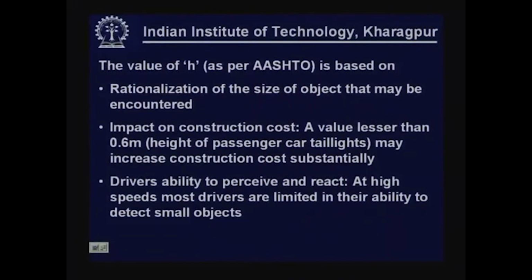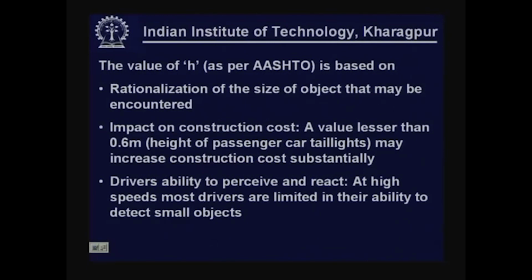Now, the value of object height is based on certain considerations. Number 1, rationalization of the size of object that may be encountered. What are the types of objects that drivers normally encounter while driving the vehicles?